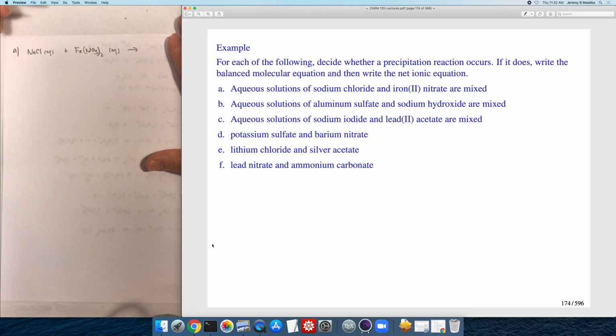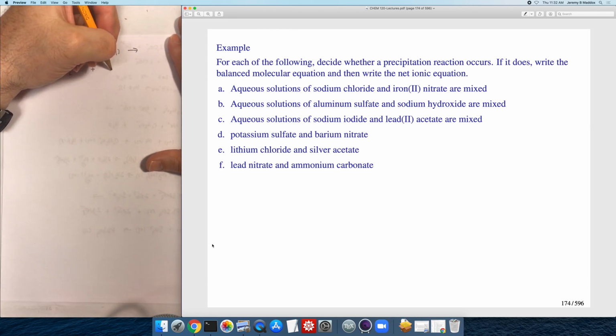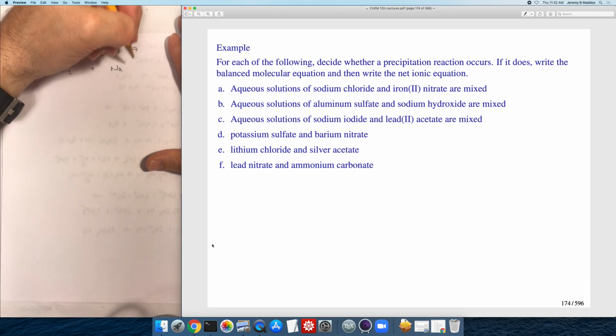How you do that is you exchange the cations. So we're going to swap iron for sodium, and then we'll ask ourselves, are any of those products insoluble or not? So we'll pair up iron 2 with chloride, and then we'll pair up the sodium with the nitrate.